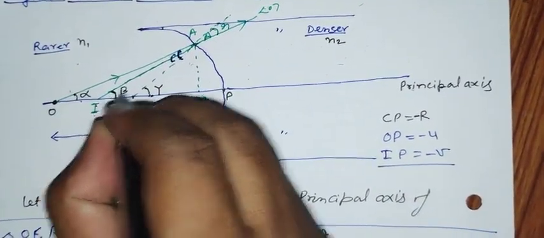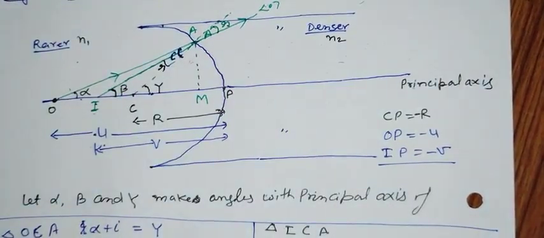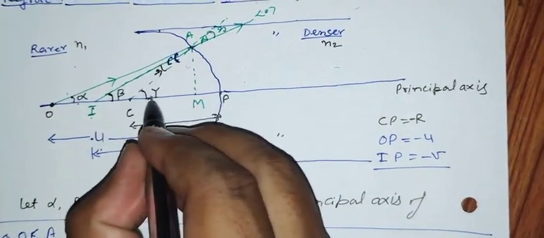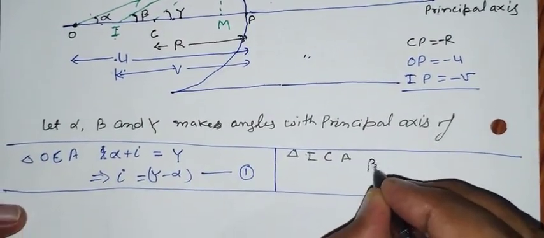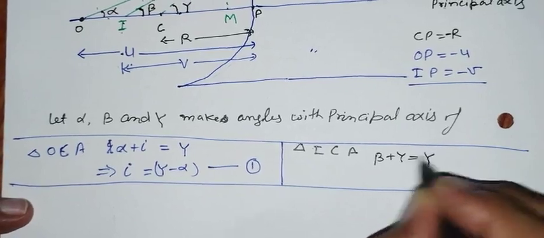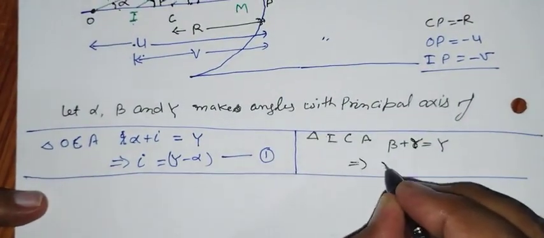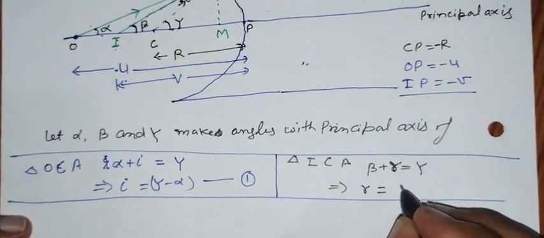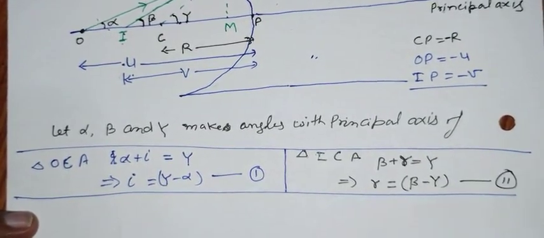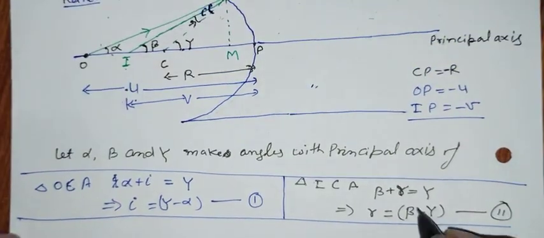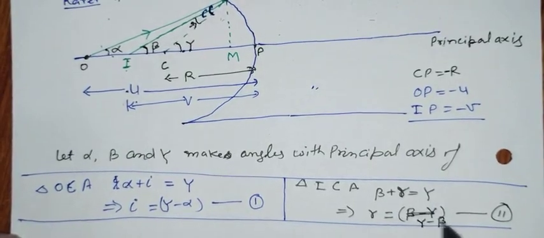This is angle beta. This angle is the vertically opposite angle of the angle of refraction r. So the sum of two interior angles is the third exterior angle. So we may write beta plus r is equal to gamma. This implies that r is equal to gamma minus beta. This is equation number 2. This is gamma minus beta, not beta minus gamma.